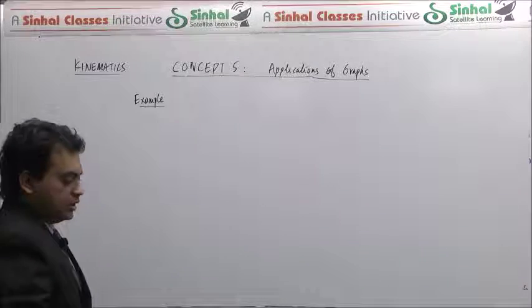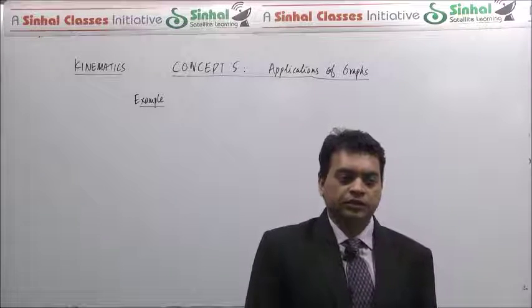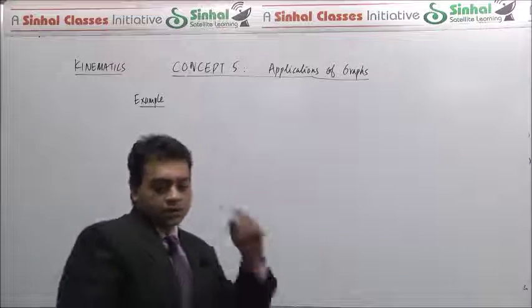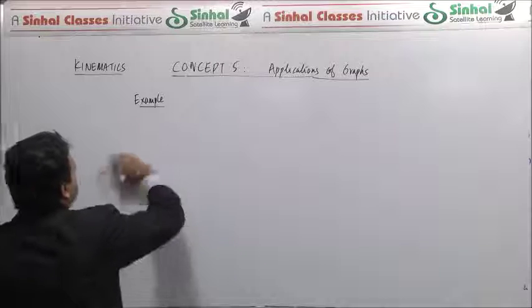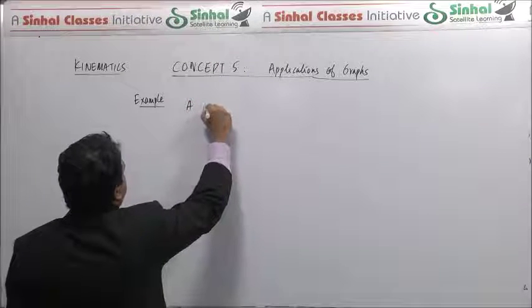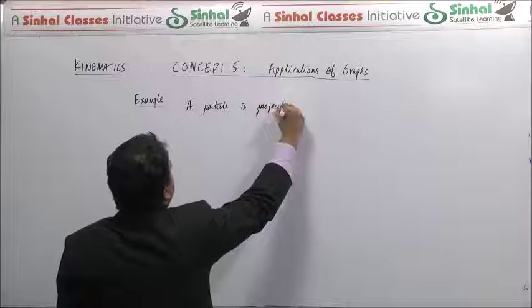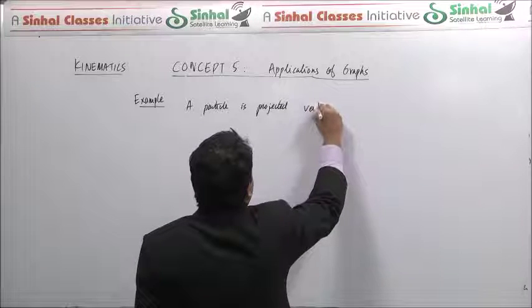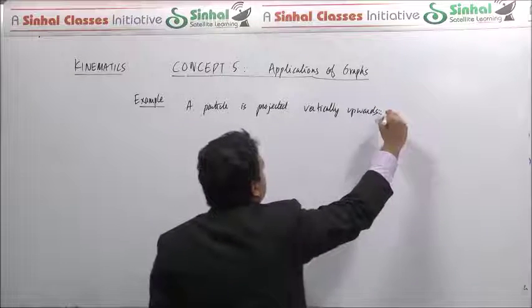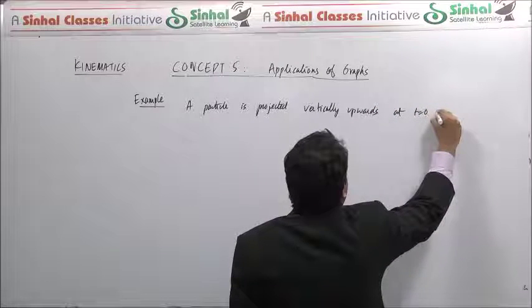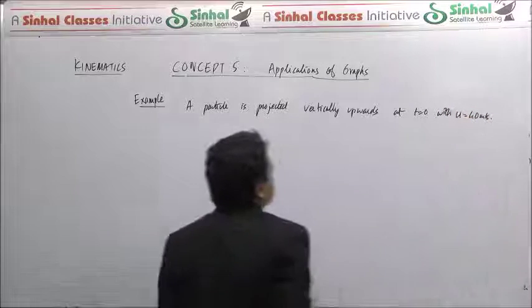Let's look at another example now. Now this time the example we'll look at is one where information is given to us and we have to plot the graph, whereas the previous one was the graph was given to us and we had to decipher the information from it. So here in this example, let's say that a particle is projected vertically upwards at time t equal to 0 with a speed of 40 meters per second.